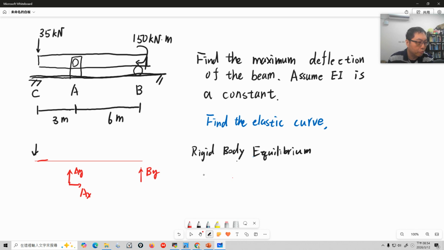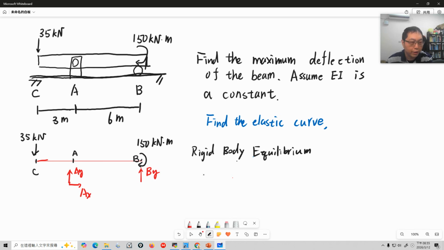Write down the forces acting on this object from its surroundings. So here is 150 kilonewton meter. This is A, this is C, and here is B. The distance AC is 3 meters, and the distance AB is 6 meters.